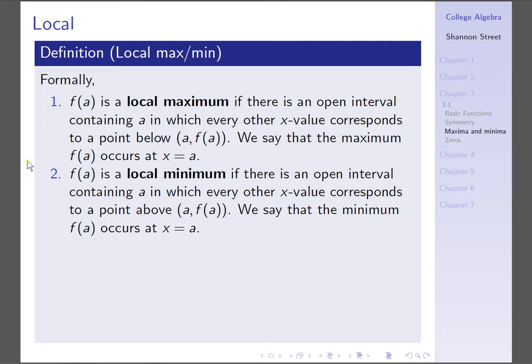On the other hand, the local minimum is going to take place at the lowest point in a neighborhood. And I use that word neighborhood, that is a common way of describing it. So some area where everything else is higher, the point that is the lowest is your local minimum.